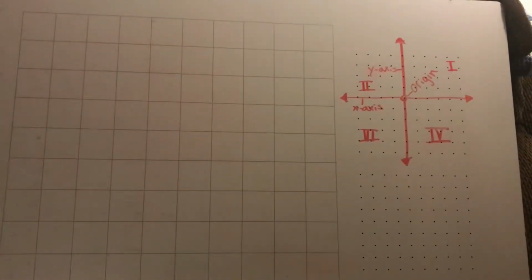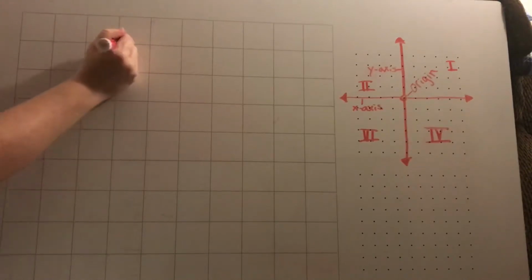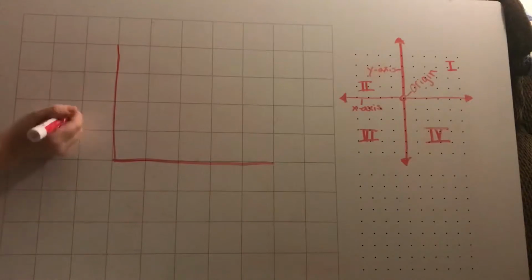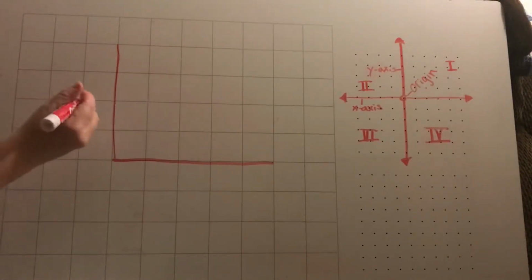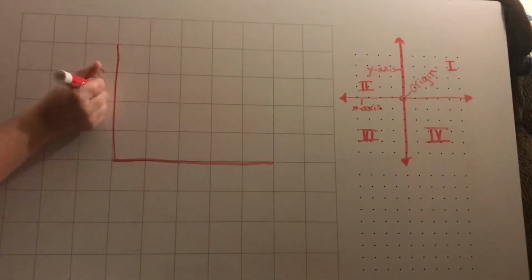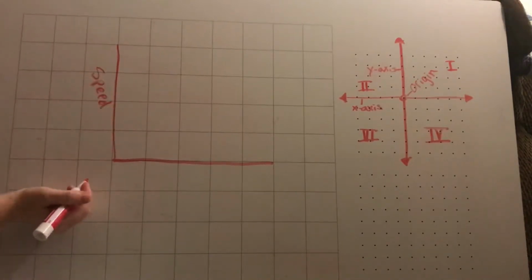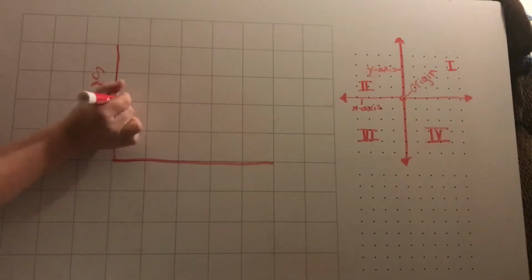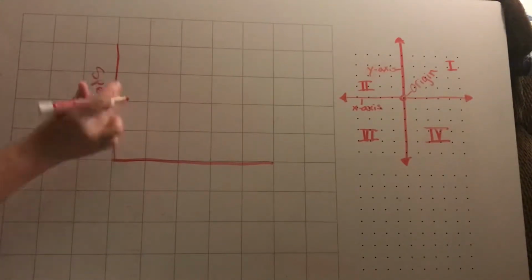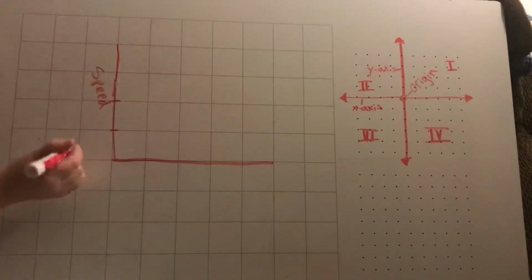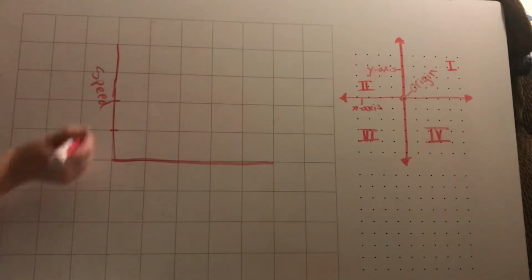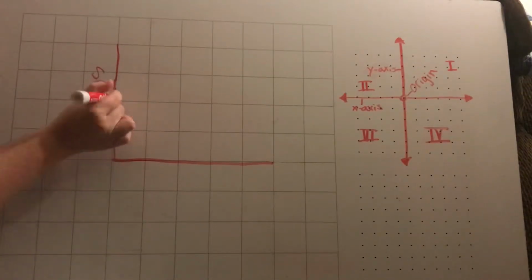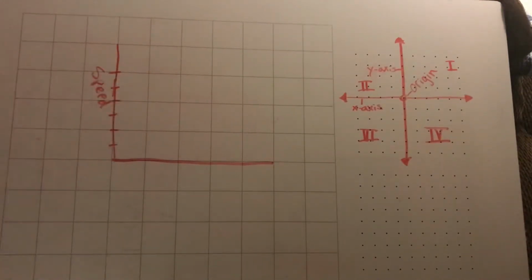So, first, we're going to draw just quadrant 1. On our y-axis, we have speed, and it looks like it is numbered in 5s, so 5, 10, oops, gotta do the same distance. So let's do 5, 10, 15, 20, 25, 30.